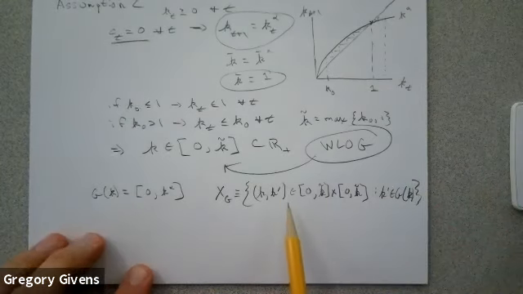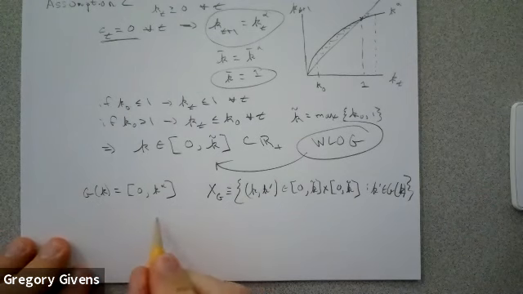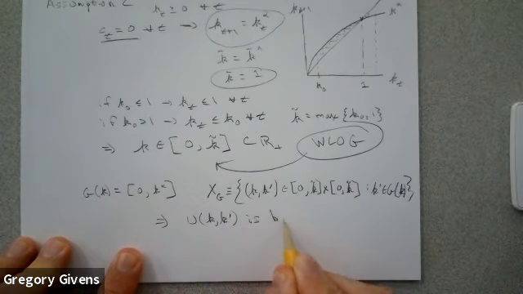This is going to be a compact set, right? And so that implies then that u is bounded.